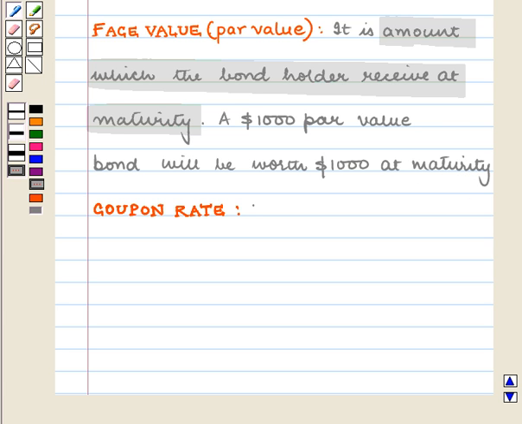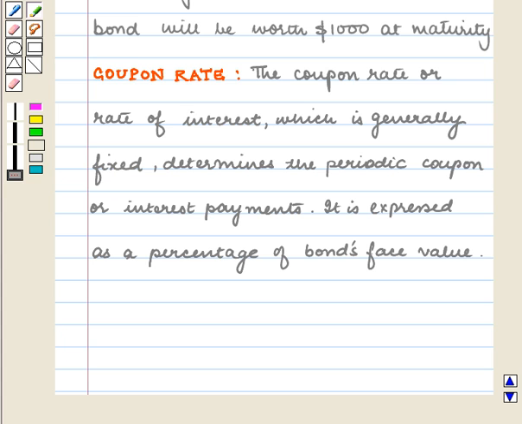Next is coupon rate. The coupon rate or rate of interest, which is generally fixed, determines the periodic coupon or interest payments. It is expressed as a percentage of the bond's face value.